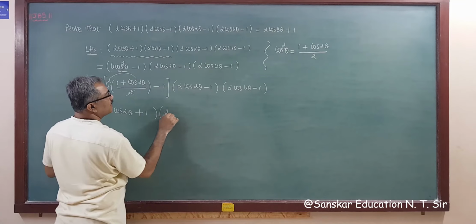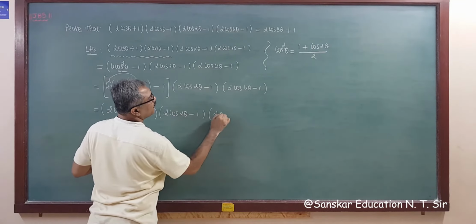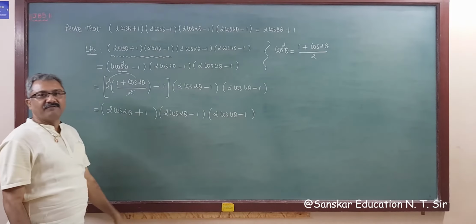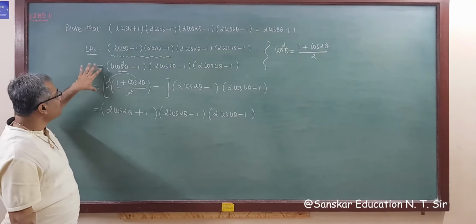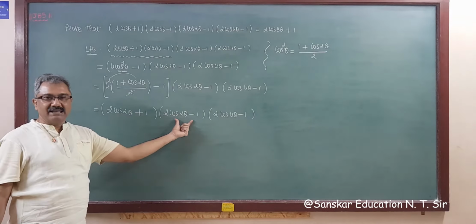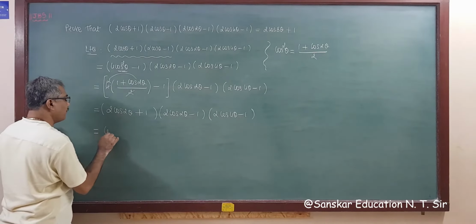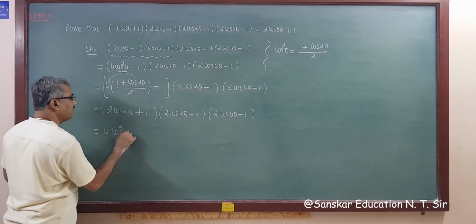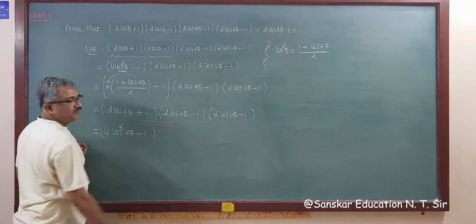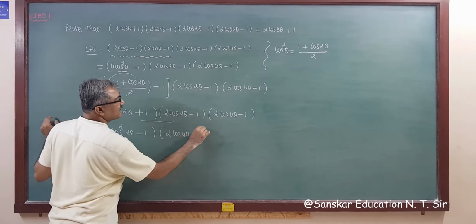Now this is 2 cos 2 theta minus 1 into 2 cos 4 theta minus 1. Once again, repeating these two steps, that is a plus b, a minus b, is 4 cos square 2 theta minus 1, for these two terms, and this 2 cos 4 theta minus 1 as it is.